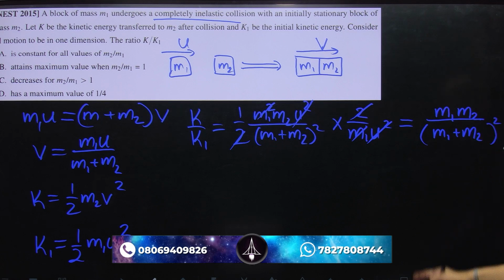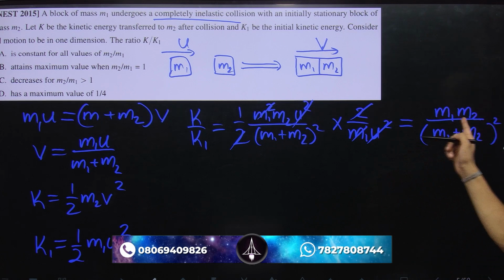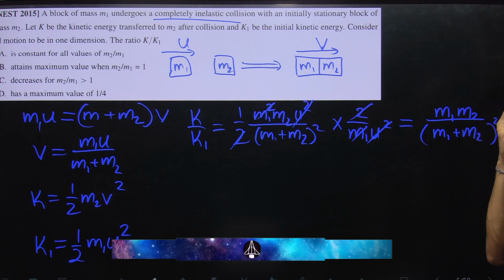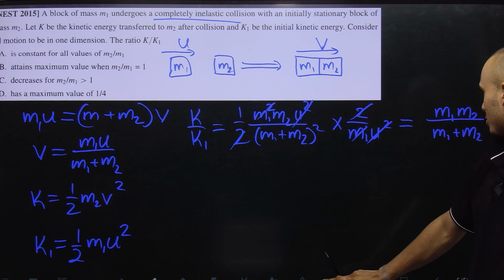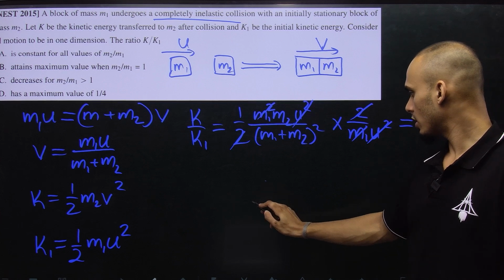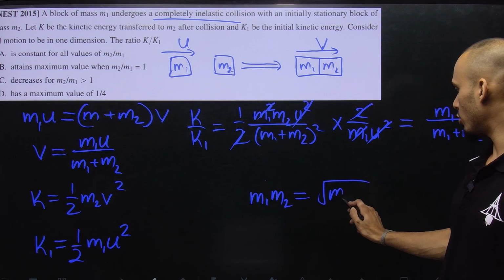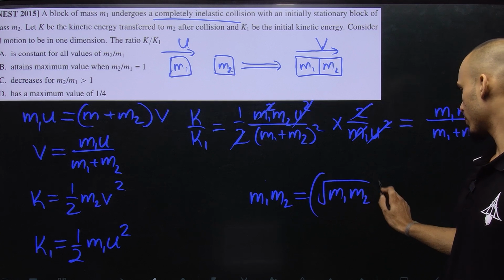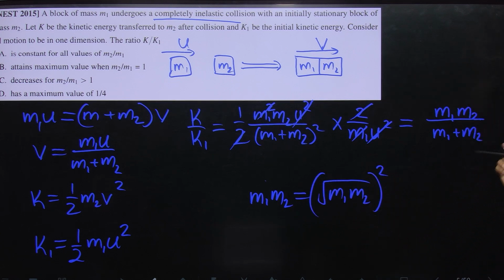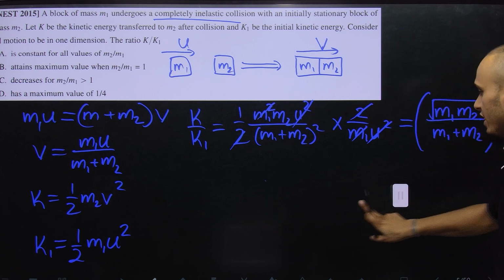Now if you want to bring the m1 m2 numerator term also inside this square, all we have to do is wrap a square root around it, because we know m1 into m2 is simply the square of the root of m1 into m2. So in order to bring m1 m2 inside the square, all you have to do is paste a radical sign, and this becomes our ratio of kinetic energies.